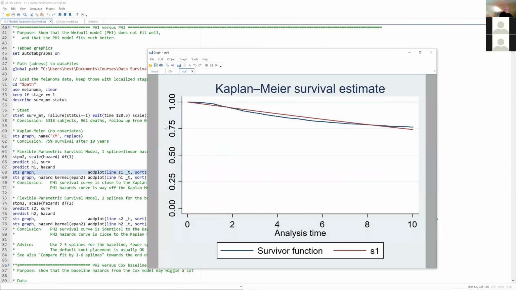The blue curve here is the Kaplan-Meier survival estimate, and that's very flexible, so you can consider that correct. And the straight line here is the survival function that we predicted from our model with only 1 degree of freedom. So a very stiff model, if you like. So it's an okay fit.